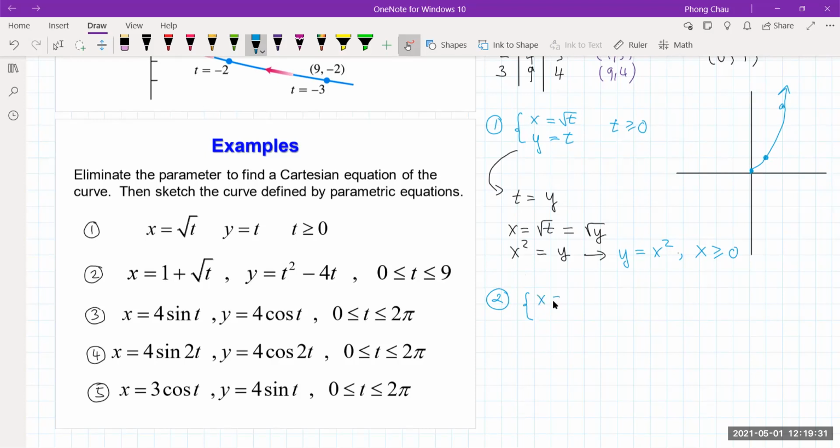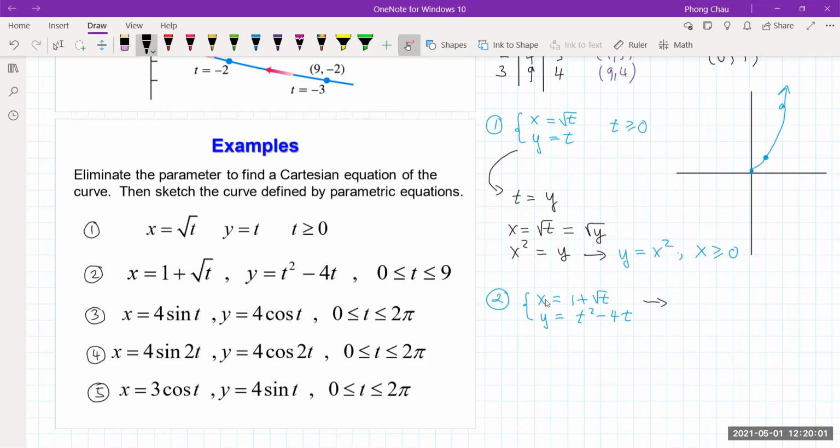Once again, our standard technique to eliminate the parameter t is to isolate t or solve for t from one equation, and you do the back substitutions. In example 2, I think it's hard to solve for t from the second equation, so why not use the first equation here, right?